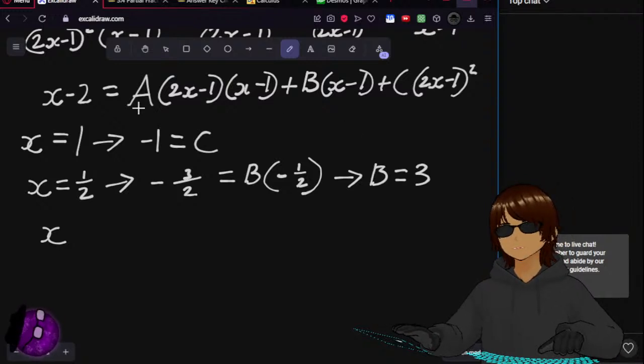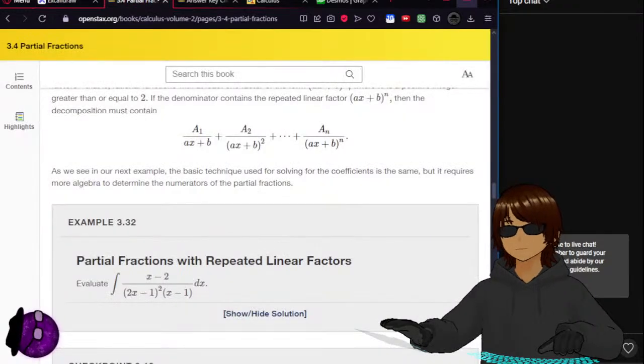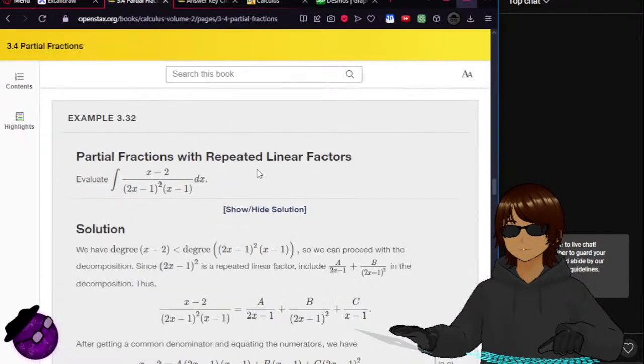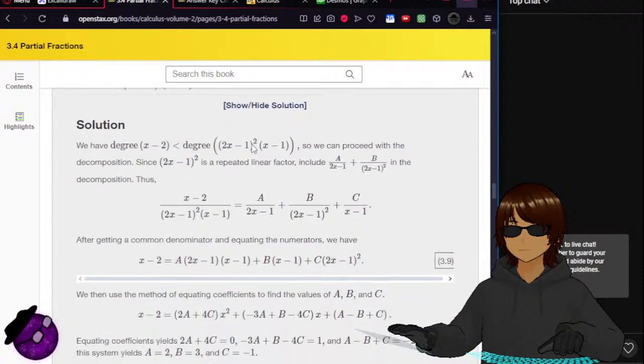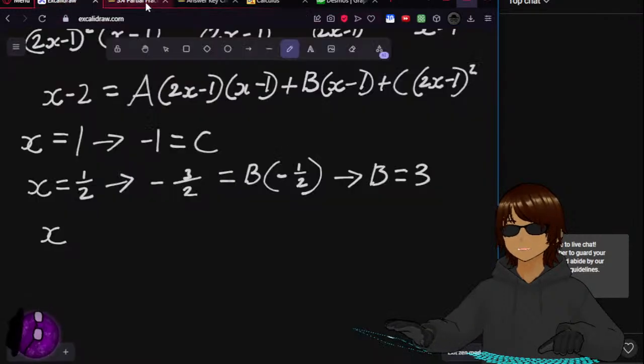What about a though? Three minus 1. How do you get 2?